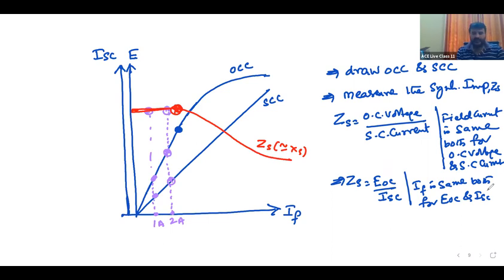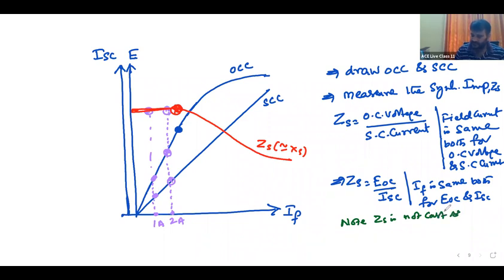So the important thing here is that ZS is not constant. The reason is saturation. Make a note.